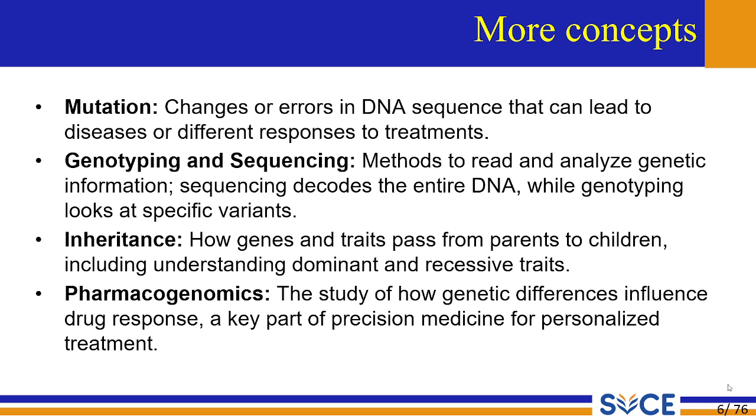Pharmacogenomics studies how your genes affect drug response. For example, some people metabolize drugs faster or slower based on their genes. AI helps doctors use this information to personalize treatment and avoid adverse reactions.